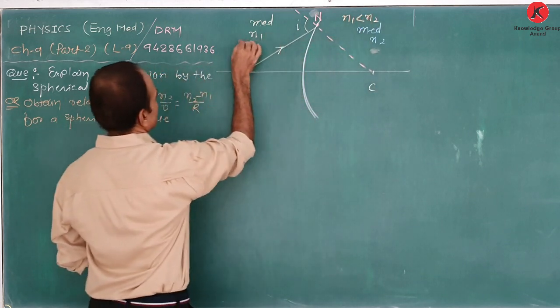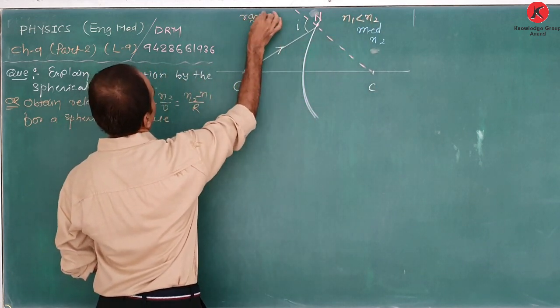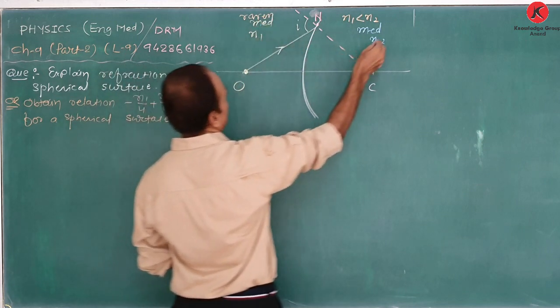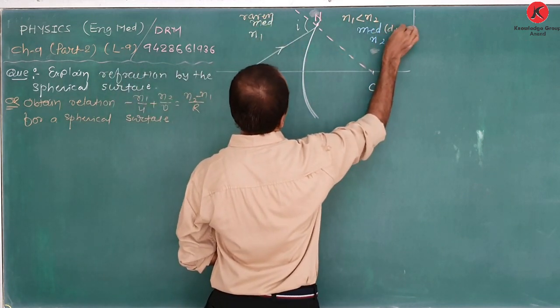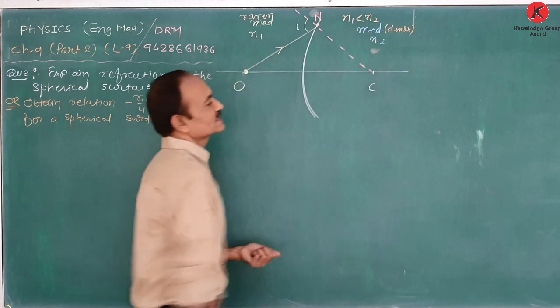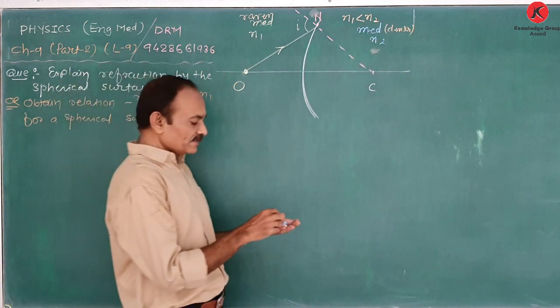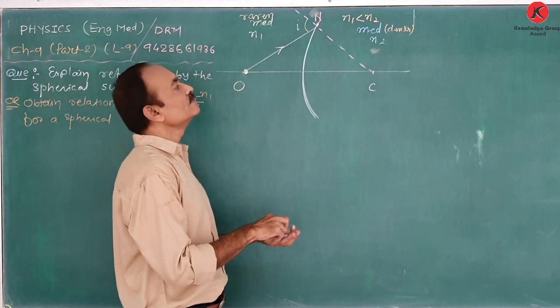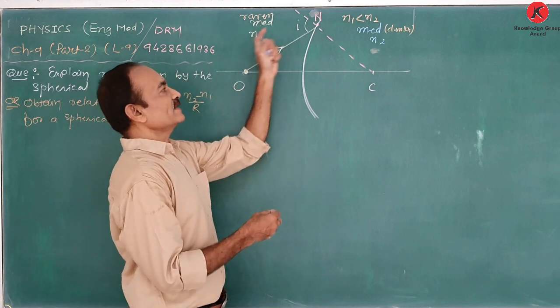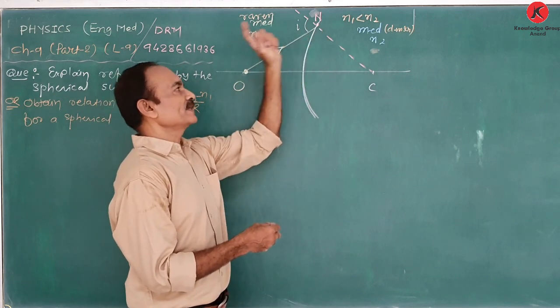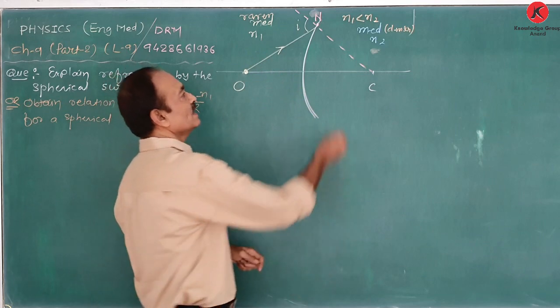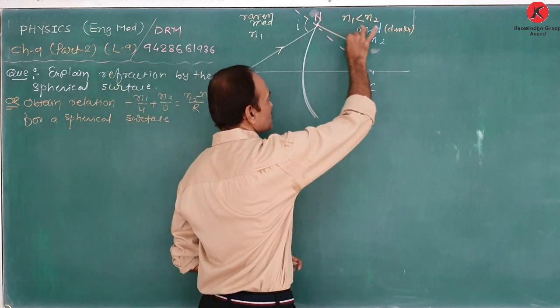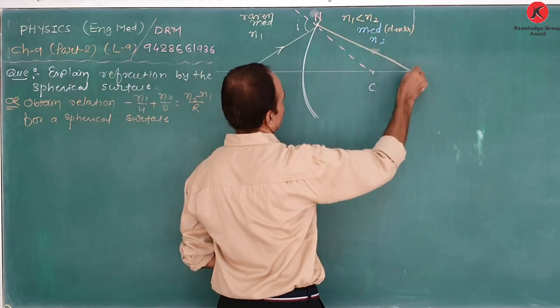That means there is a rarer medium and a denser medium. The ray of light travelling into the denser medium, after refraction, bends towards the normal.